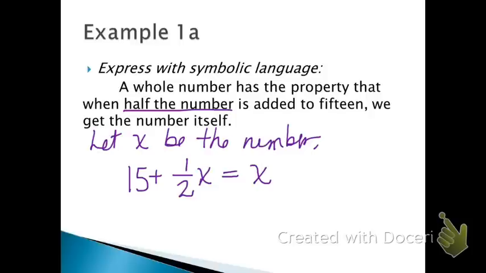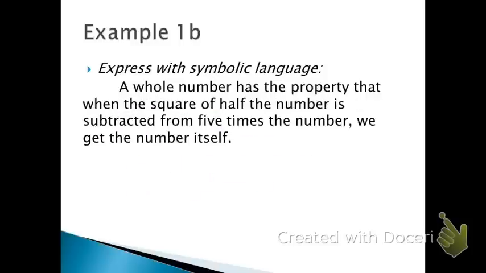Okay, let's look at a slightly more complicated version of this same basic structure. Example 1b says, express with symbolic language. A whole number has the property that when the square of half the number is subtracted from 5 times the number, we get the number itself.